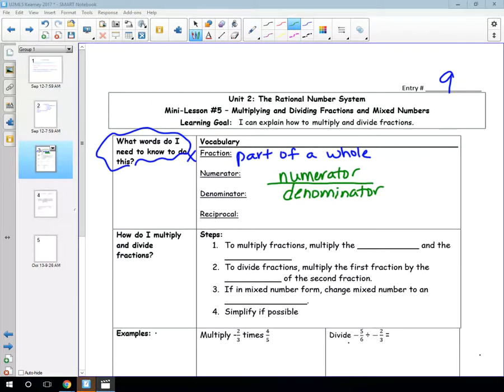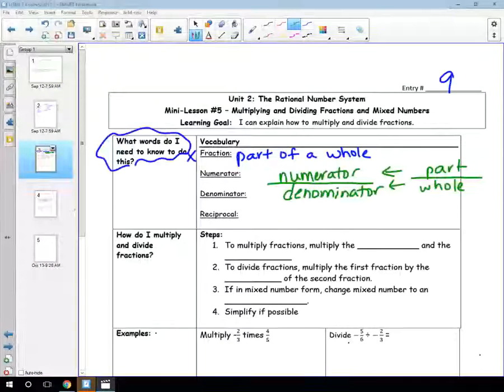The top number, the numerator, is the part, and we're comparing the part to the denominator, which represents the whole. So a fraction is part of a whole: the numerator is the part, the denominator is the whole.